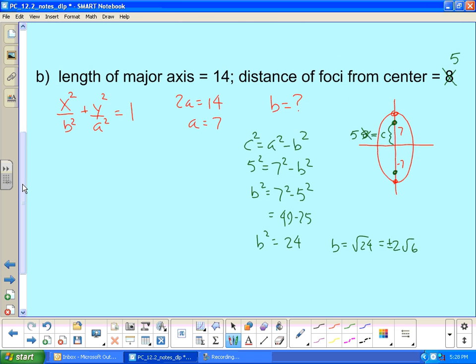Now we have everything we need to be able to fill in our equation. We have a, and we just found b, so we know our equation is going to be x squared over 2 root 6 squared, which we know is just 4 times 6, which is 24. There it is right there.